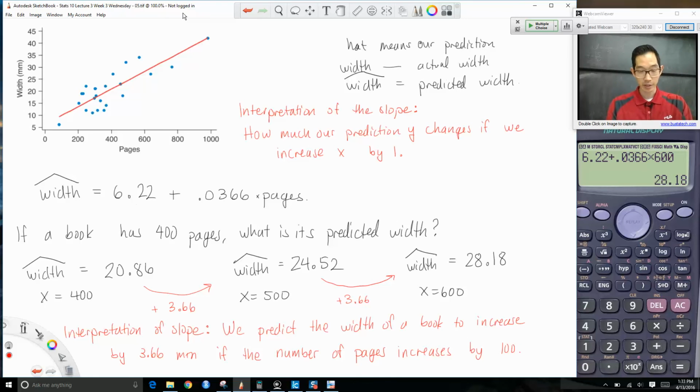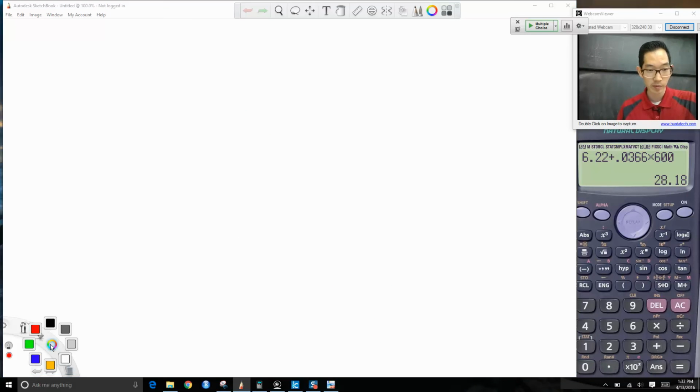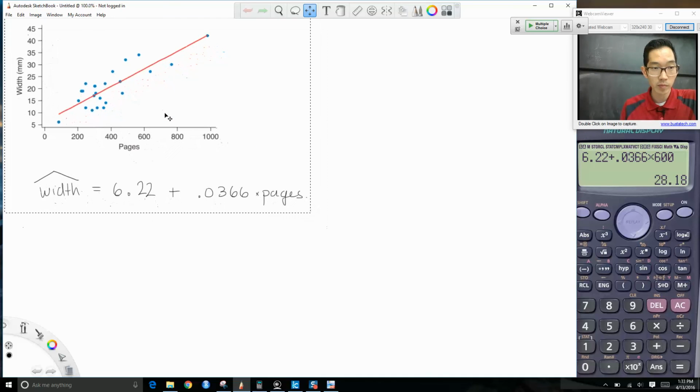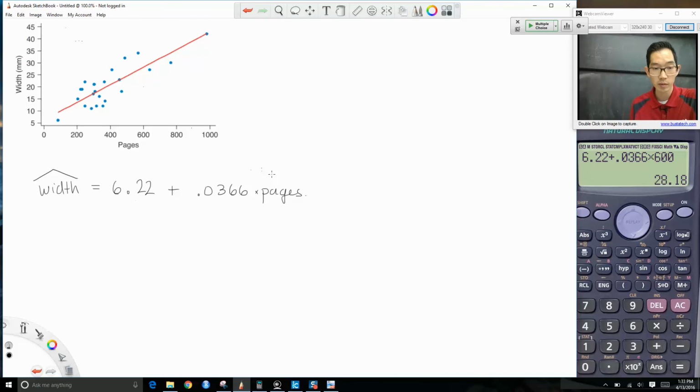Okay, so let's talk about the intercept. The intercept is 6.22.